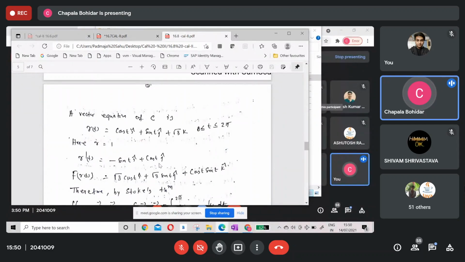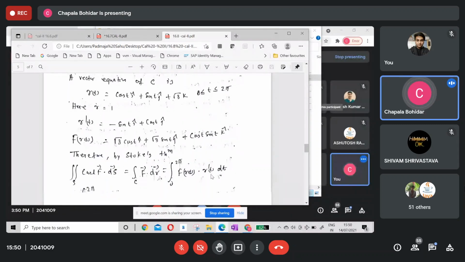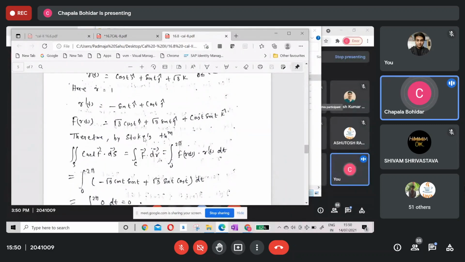r dash t is equal to this. F of r(t), by substituting the values of x, y, z, I'll get this. Then by Stokes theorem, double integration curl of F dS is equal to the line integral of F dot dr, that I can write as F of r(t) dot r dash t dt.